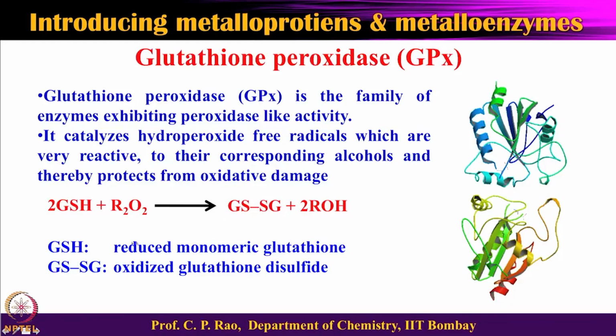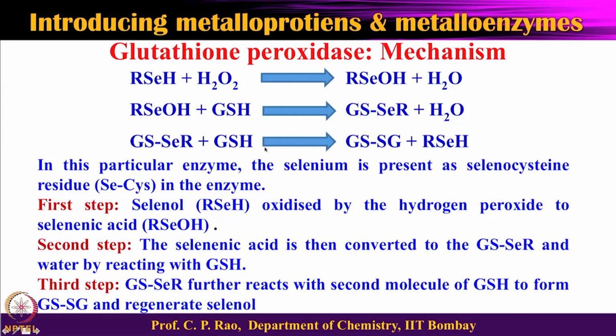GSH is the reduced form of glutathione as a monomer. GSSG is the oxidized form, glutathione disulfide, which is a kind of dimer, but not a simple dimer, as it forms a bond between the two sulfur centers and the protons are lost. Okay. So, now you understand the glutathione.